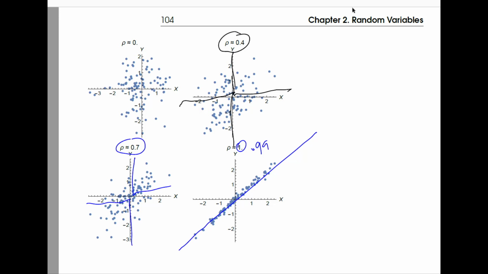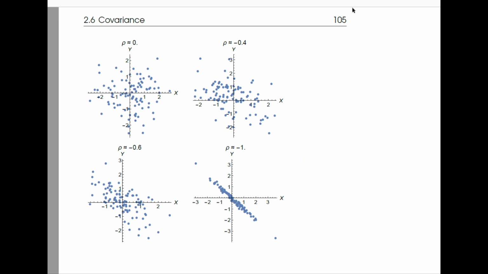When correlation is 1, it means that it's a perfect line fit. Now, for the negative correlations, we have the same patterns, but they go downwards now. So it's related to the slope of the relationship.